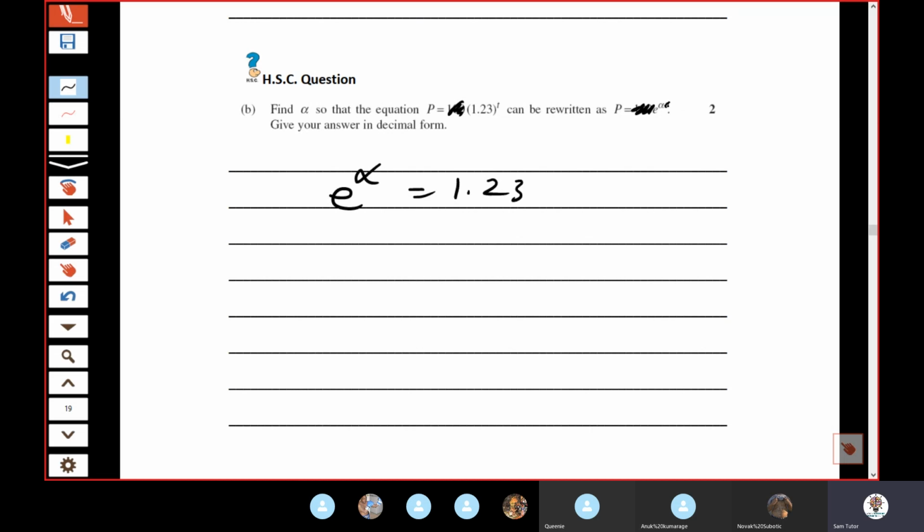See how you can conclude that? Again, t is the same, so pretty much e to the alpha must be 1.23 for you to be able to write this as this. Log both sides to get rid of the exponential, and really you're done. So alpha log e equals log of 1.23. Log e is gone. Log of 1.23, written in decimal form, is 0.207 to 3 dp.